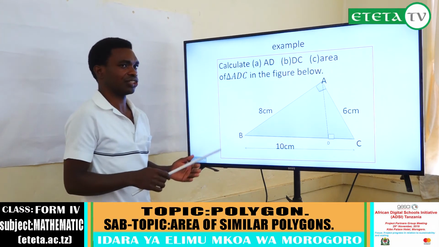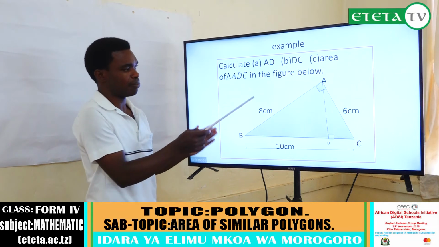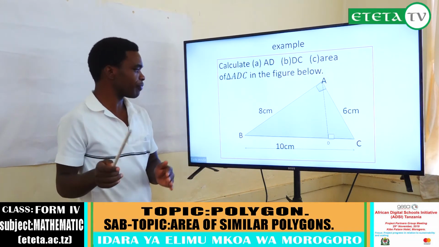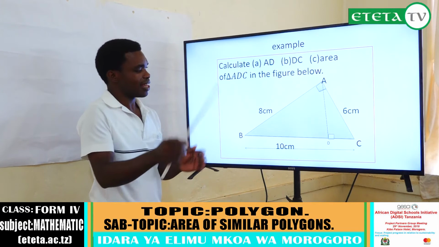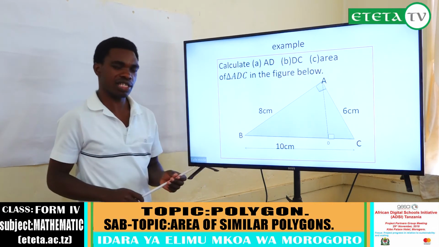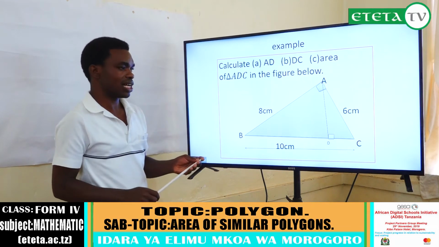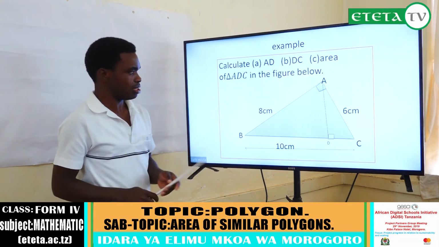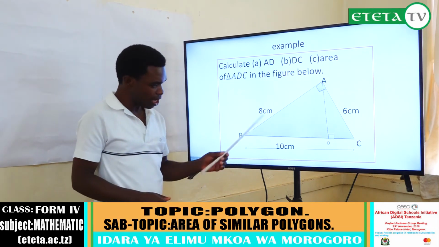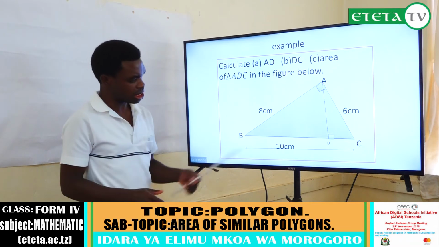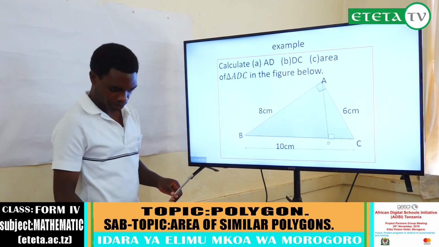Because we are given some of the sides, it will be easy for you to find the other sides by using the concept of the corresponding sides and again the ratio of the corresponding sides. Let us work together on this exam.